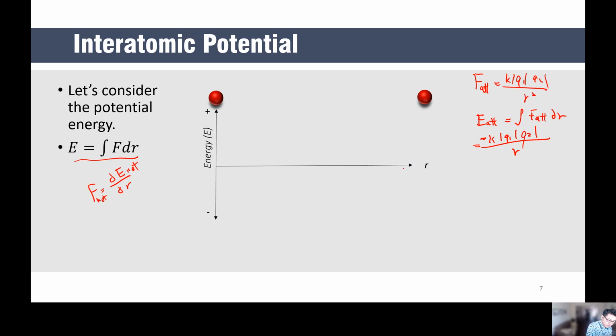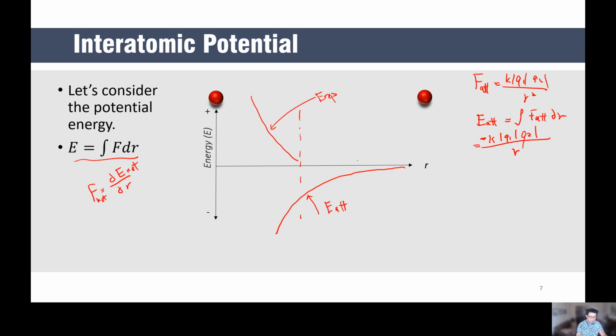So we can redraw this graph, and this is the long range order. This is the attraction energy. And by a similar argument, at the short range, we'll have a repulsion energy. This is the repulsion energy.